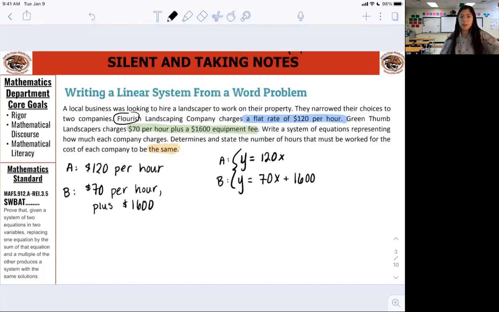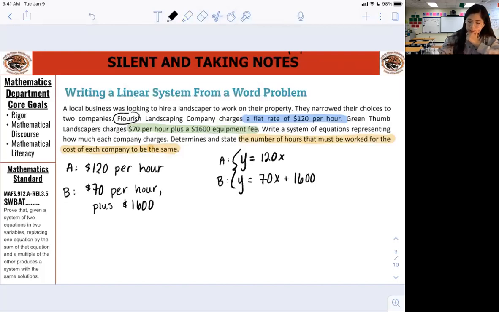Cool. Okay, well now I got to solve the system and figure out the number of hours, because that's what I'm looking for, that they work in order for it to be the same. So I know that it's a system. I know I'm looking for the equivalence point, right? I'm looking for the point where they meet, and I'm looking for the number of hours. Well, which variable is hours, y or x?